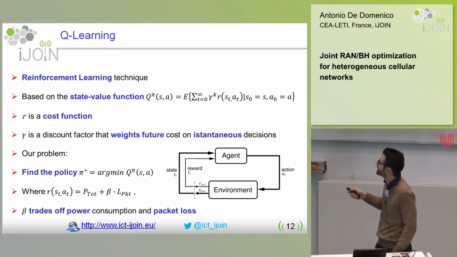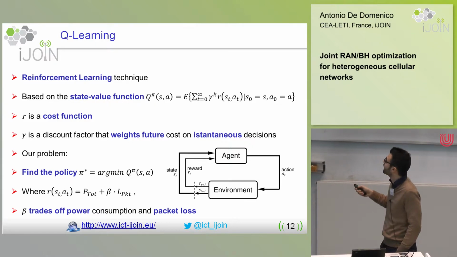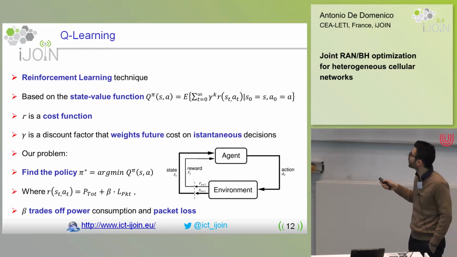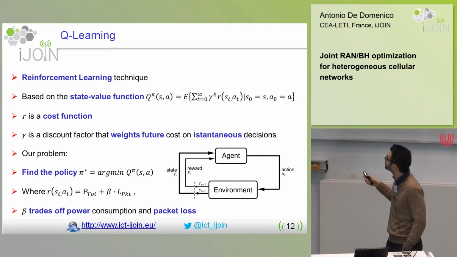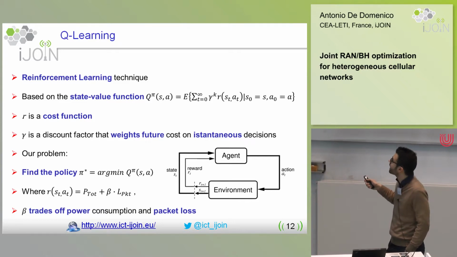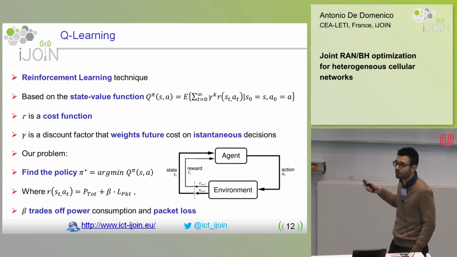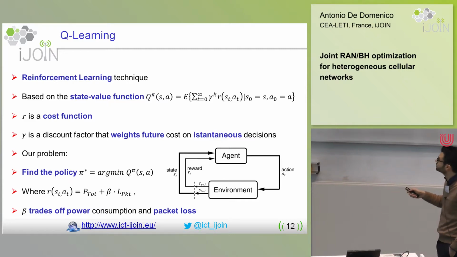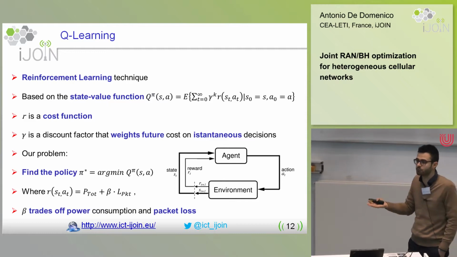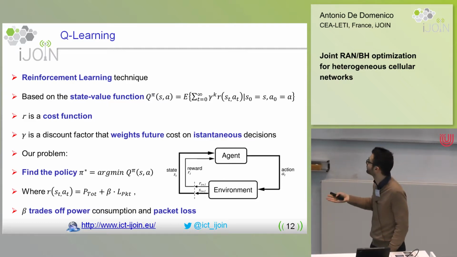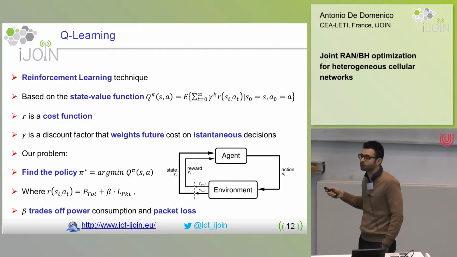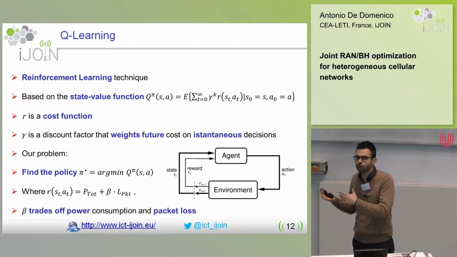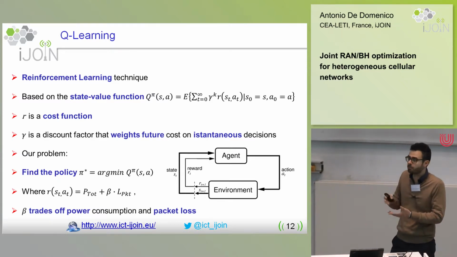This is a state value function that describes the expected discounted cost of taking a given action A at a certain state S, and then following the strategy P, the policy P. So in this function here, R is a cost function that has to take into account the energy consumption and the packet losses, the quality of experience. Gamma is a discount factor that weights the impact of the future decision on momentary performance.